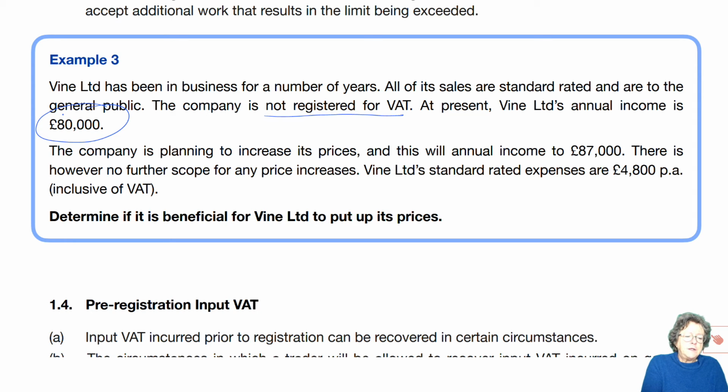Now, they are planning to increase prices, and this will mean that the annual income goes up to 87,000. And there is no further scope for any price increases, and their standard expenses are 4,800. Determine if it is beneficial for Vine to put up its prices. Okay, I'm going to show you the model answer and see what sort of things we need to be including in that answer.